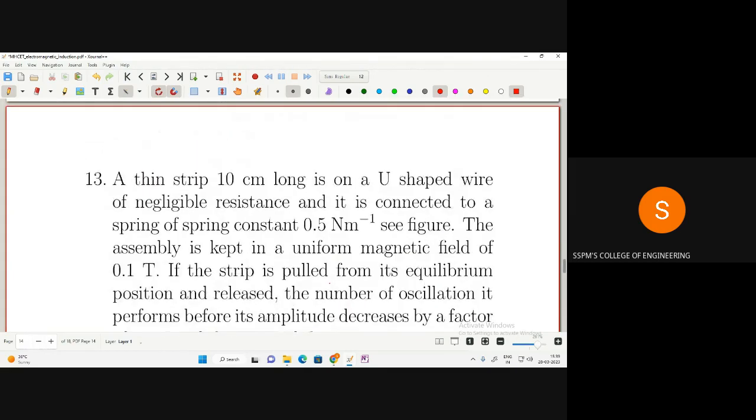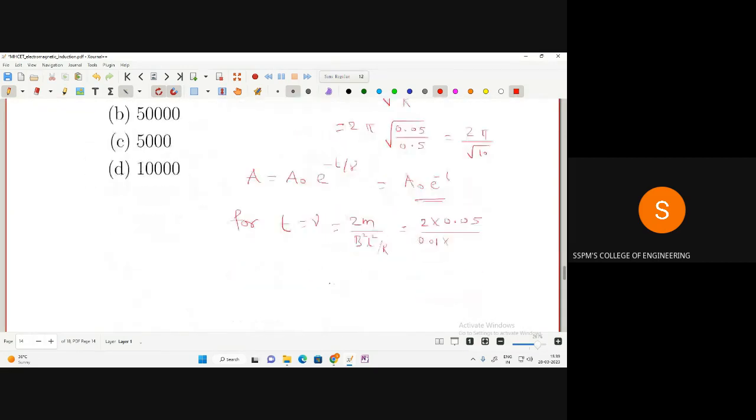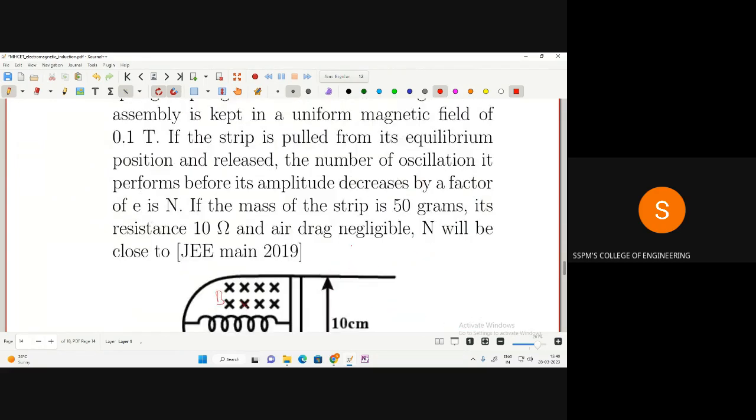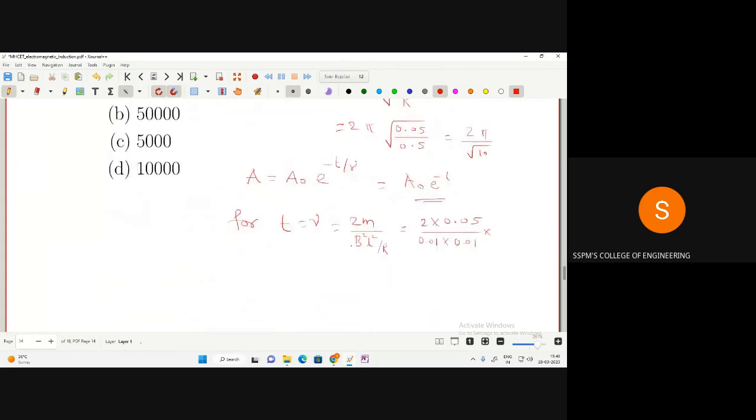Then the length of wire is 10 centimeter, square. 10 centimeter is equal to how many meter? 0.1, so 0.1 square is 0.01. Divided by r; the resistance of wire is 10 ohm, the 10 will come at the numerator.